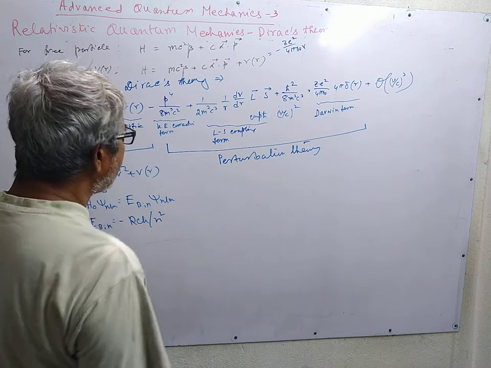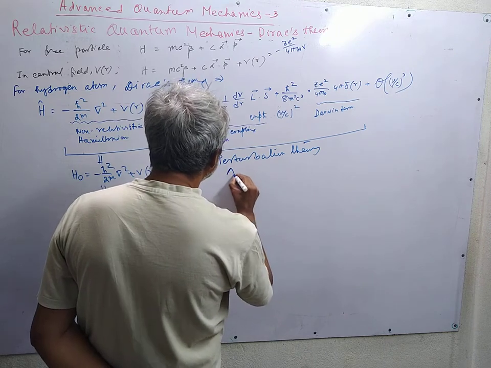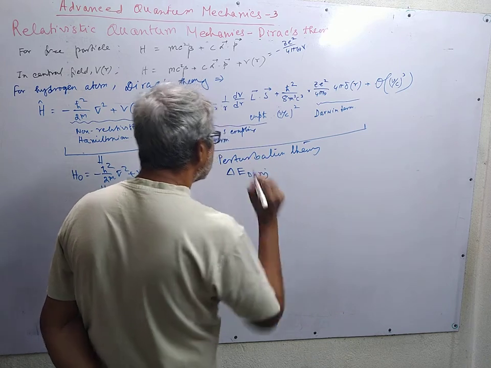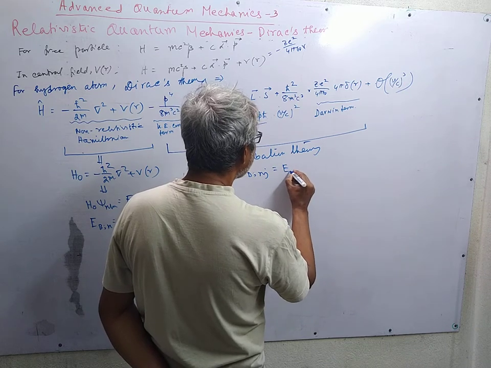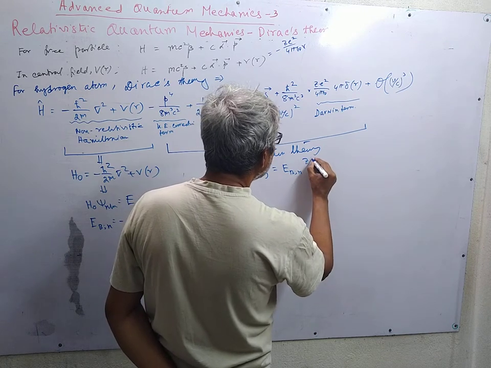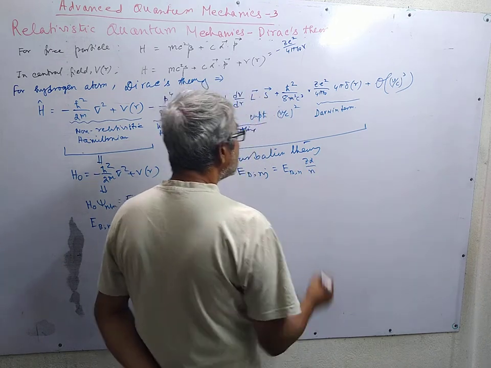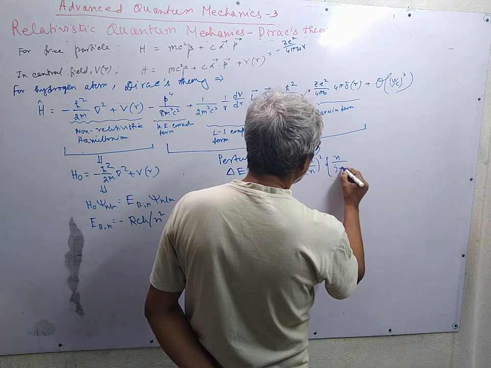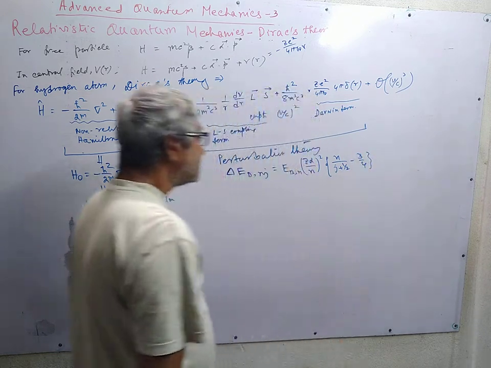So we write, and it will be found that this part gives an energy contribution, which is the correction term E. This is due to the Dirac theory, and it is dependent on n and j, and explicit calculation shows that this is the energy contribution.